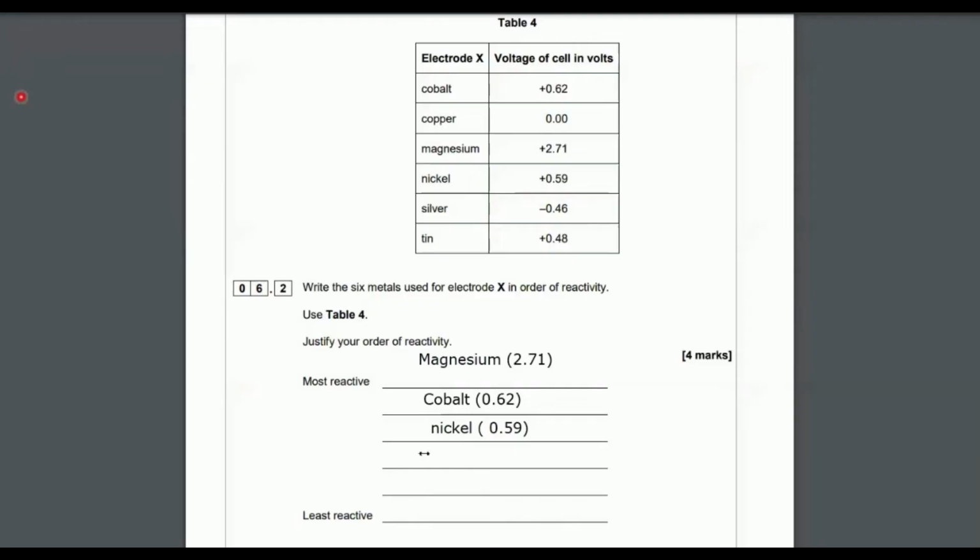We're then going to go to tin with plus 0.48. Now, some people might make a mistake here, but copper is next with 0. And then finally, we've got silver with minus 0.46. And that's going to get you 4 lovely marks.